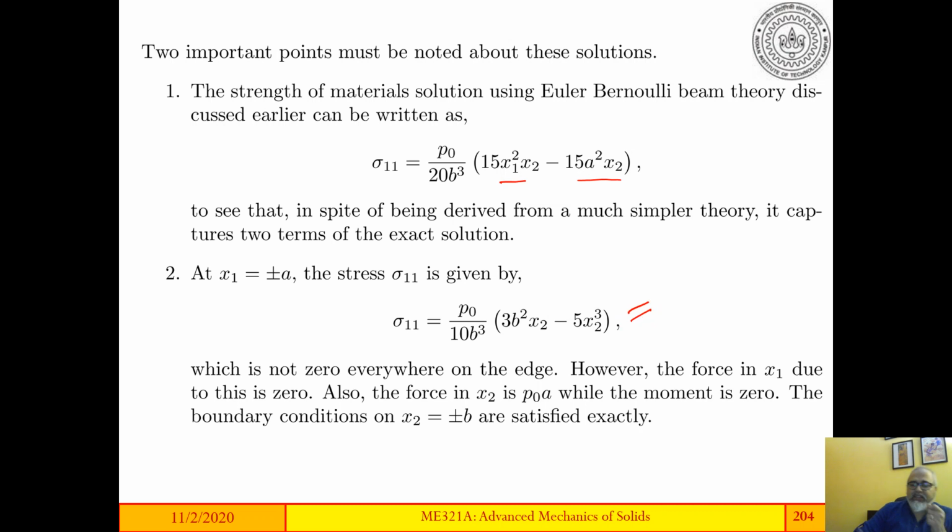I've just put a in the equation, and you will see that this is identically equal to 0 only at x2 equal to 0, that is, at the neutral axis. In other places, though the integral of sigma 1,2 is equal to 0, it is not exactly equal to 0 on the edge.